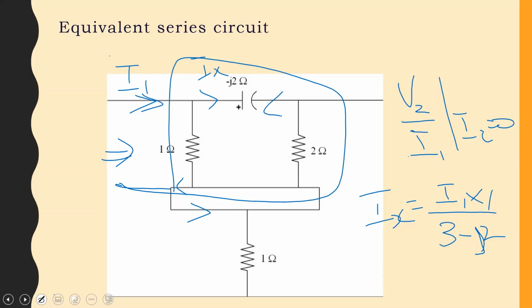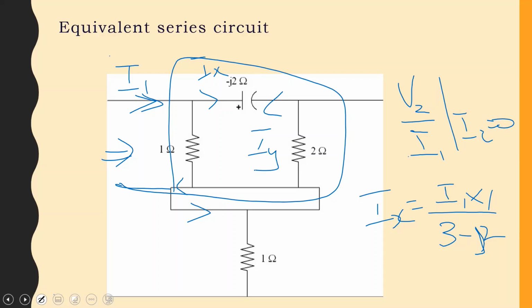So if we call that IY, what is IY? IY would be equal to 2I2 over 1 minus J2.